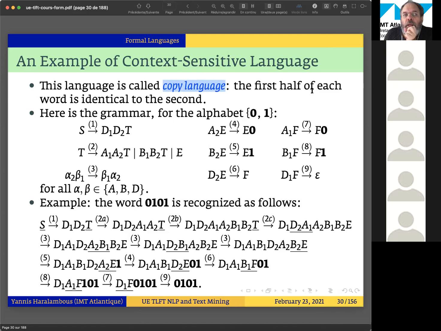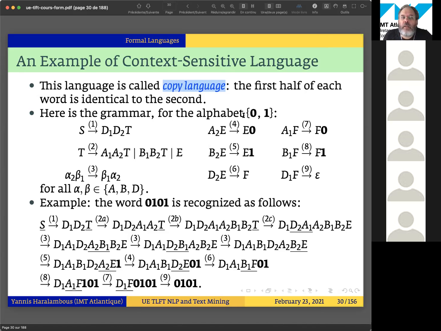We want every word to be of even length, and the first half of the word should be identical to the second. So it's very easy to describe, but you cannot describe this language neither by a regular nor by a context-free grammar. So you need a context-sensitive grammar.